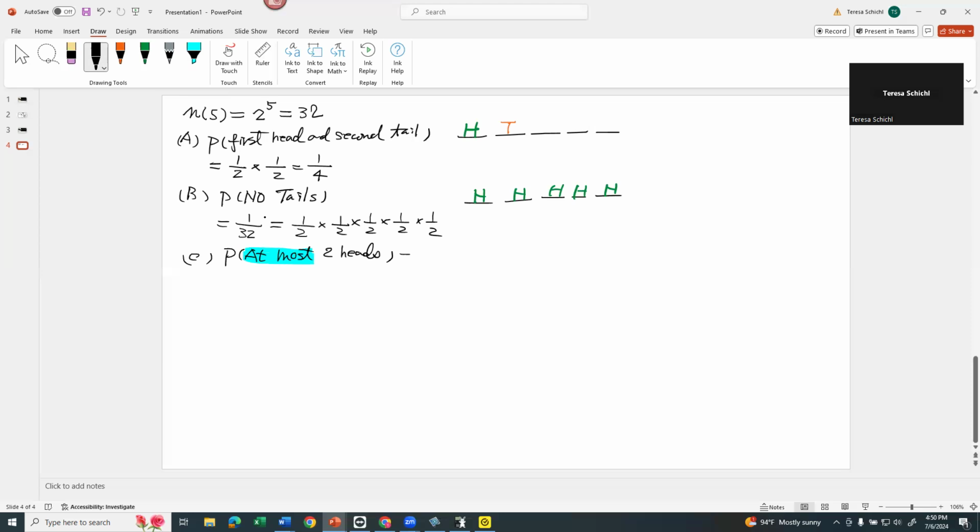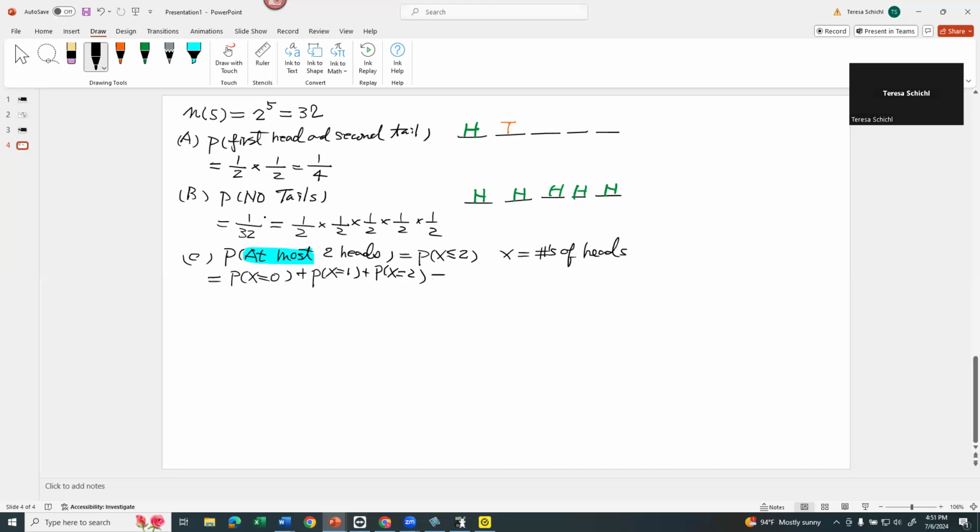So basically, I'm looking for the probability X is less than or equal to 2, where X is equal to the number of heads here. So that would be the probability X equal to 0, that means 0 heads, plus the probability X equal to 1, plus the probability X equal to 2.